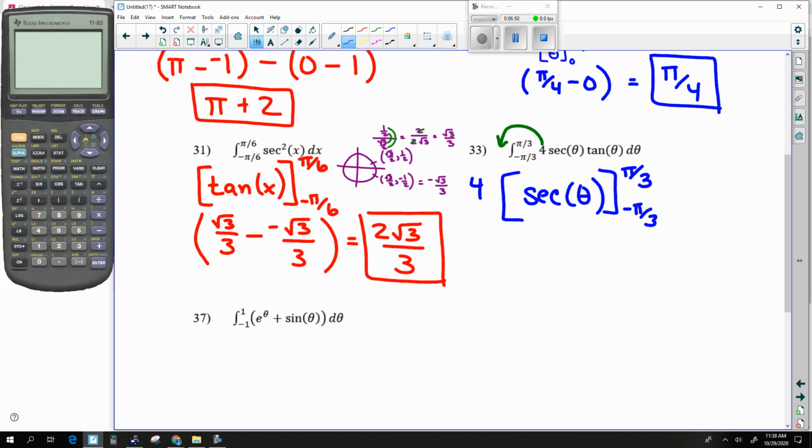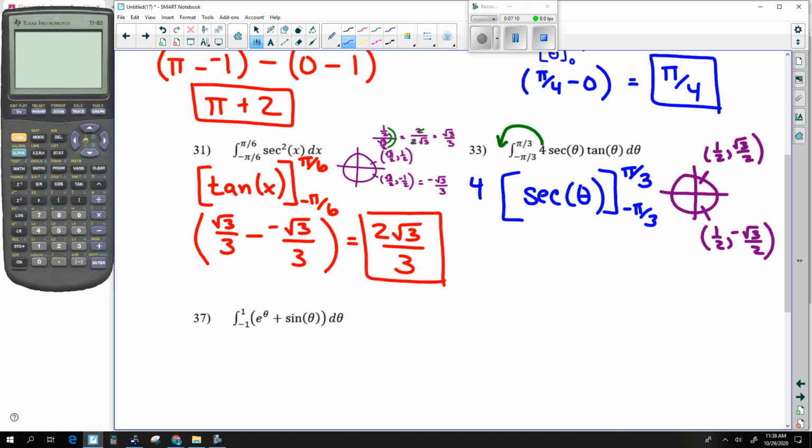So unit circle time, we need pi over 3, which occurs at 1/2, square root 3 over 2. And we need negative pi over 3, which occurs at 1/2, negative square root 3 over 2. Small in the x, big in the y.